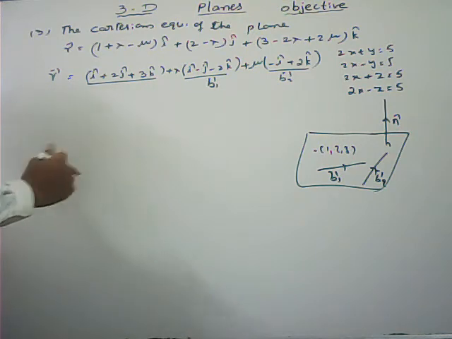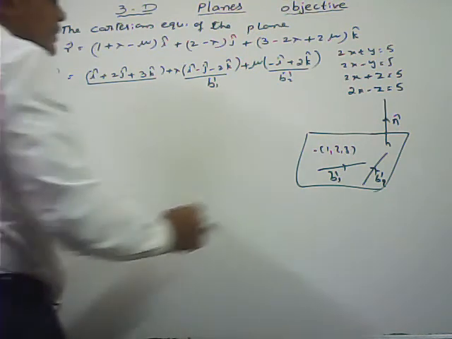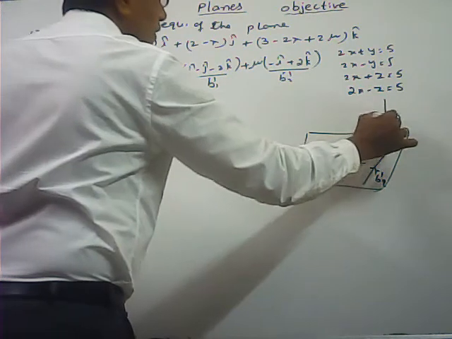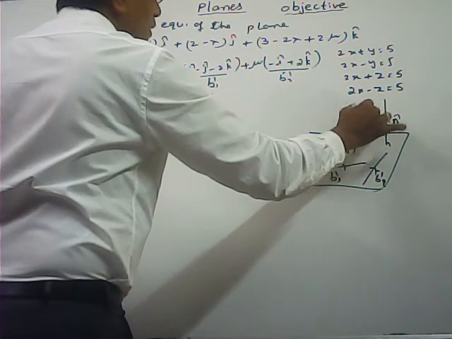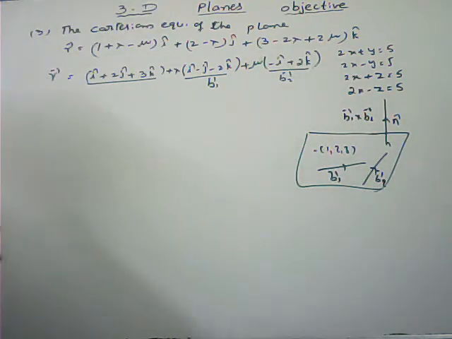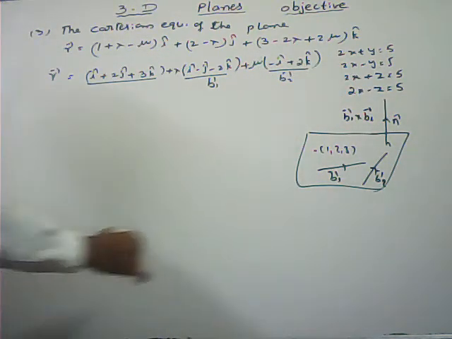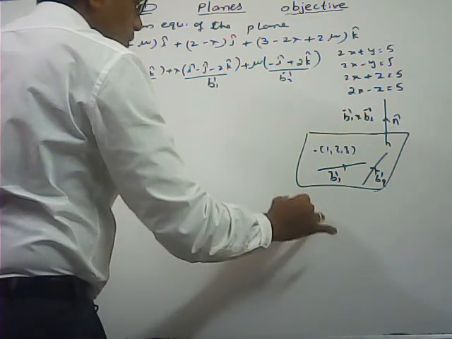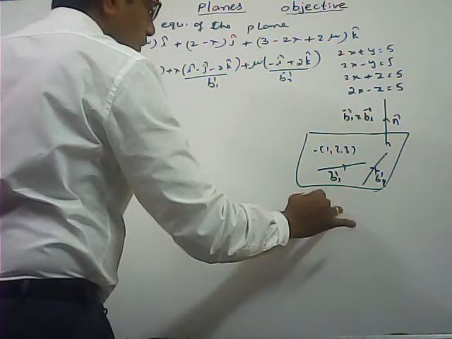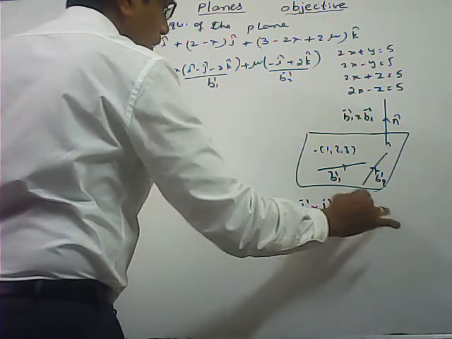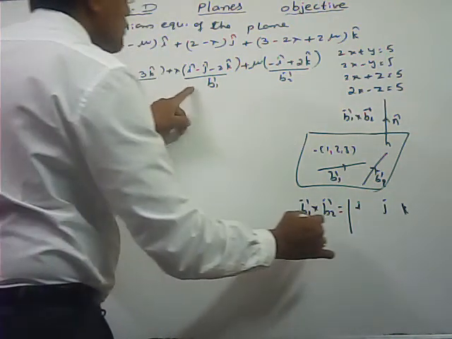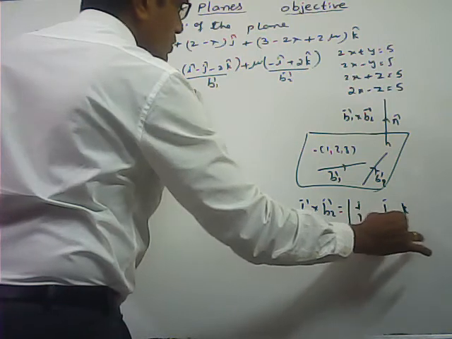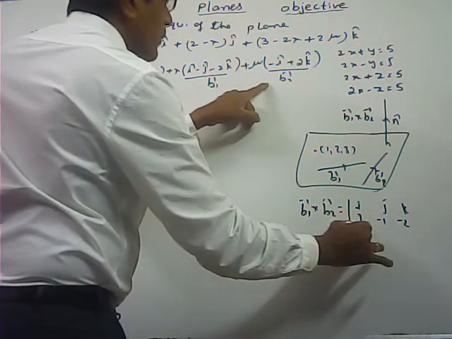So what is the vector perpendicular to the plane containing V1 bar and V2 bar? That is nothing but their cross product only, V1 bar cross V2 bar. If you find V1 bar cross V2 bar, that is equal to the determinant i, j, k; V1 bar 1, minus 1, minus 2; V2 bar minus 1, 0, 2.